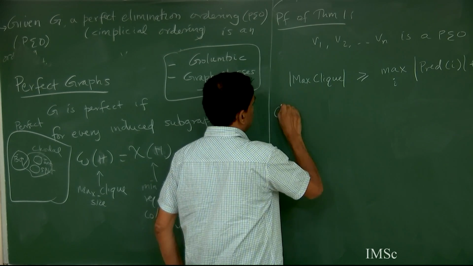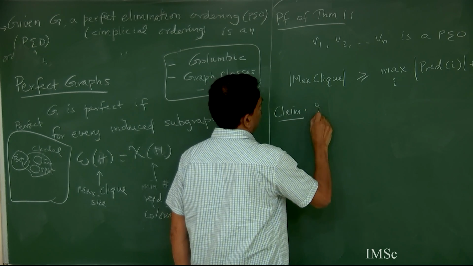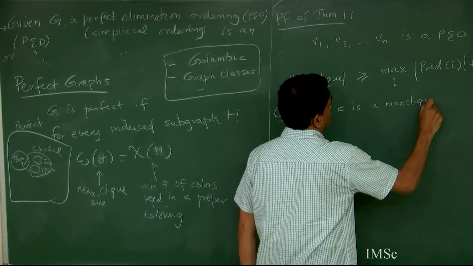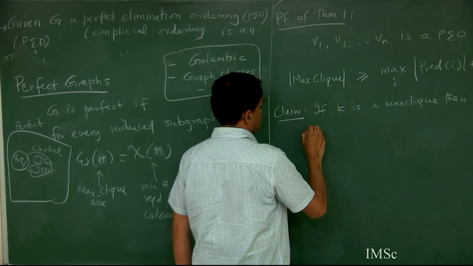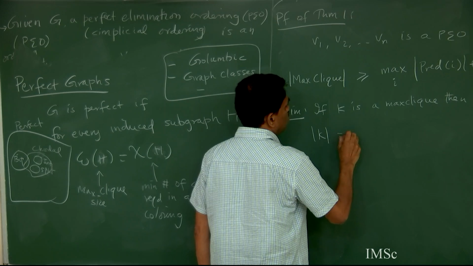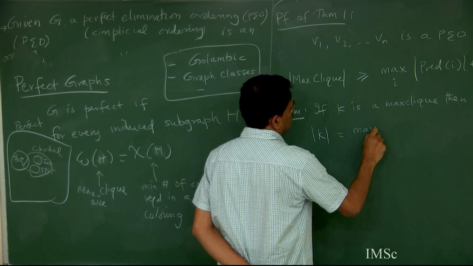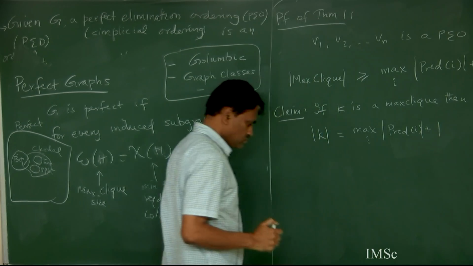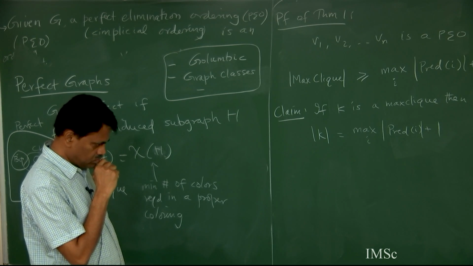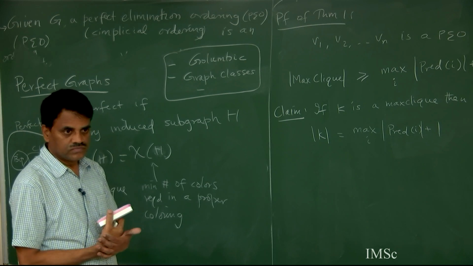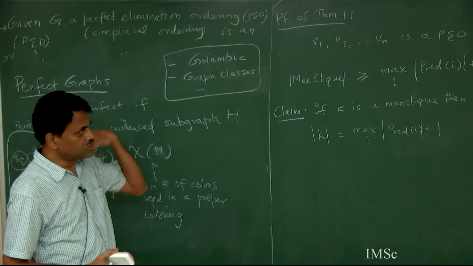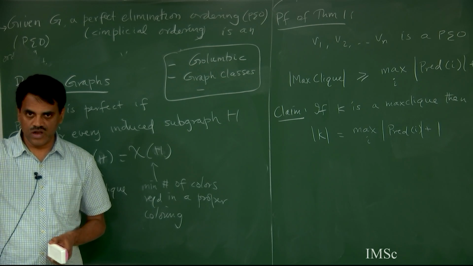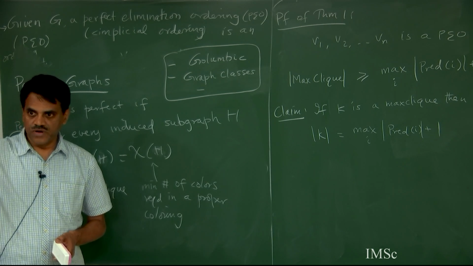The claim is, if K is a max clique, then the size of K must be equal to that max. How do I show it? Take the vertex set of K, and look at the last vertex of K in the perfect elimination ordering. Its predecessors form a clique.